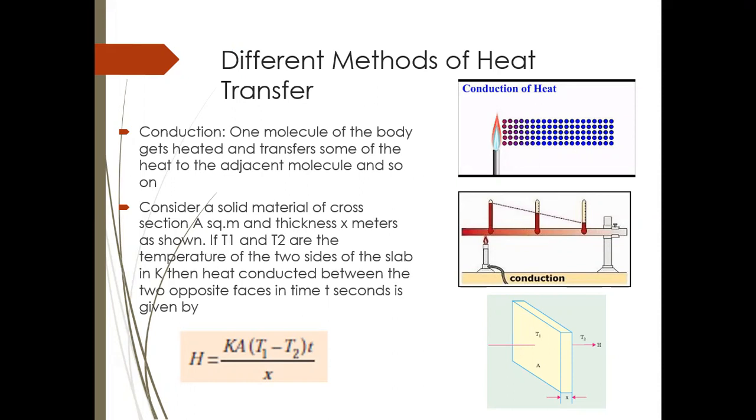In the conduction mode of heat transfer, when one molecule of the body gets heated, it transfers some of its energy, heat, to the adjacent molecules, and so on. This process goes on and produces the required amount of heat.